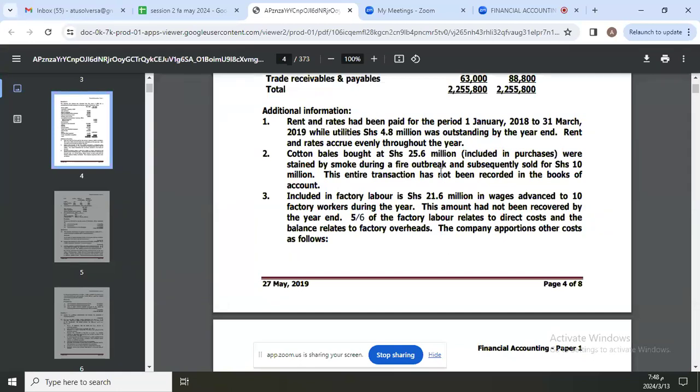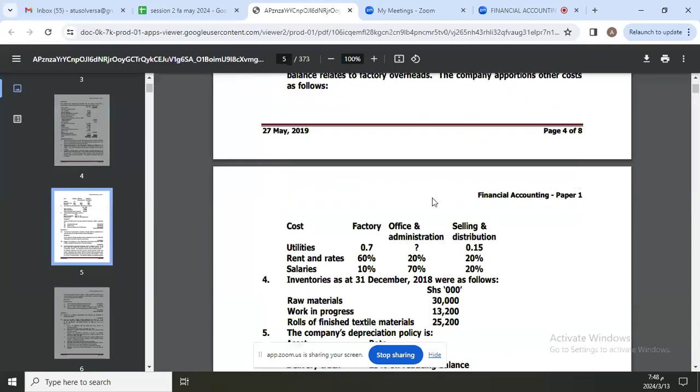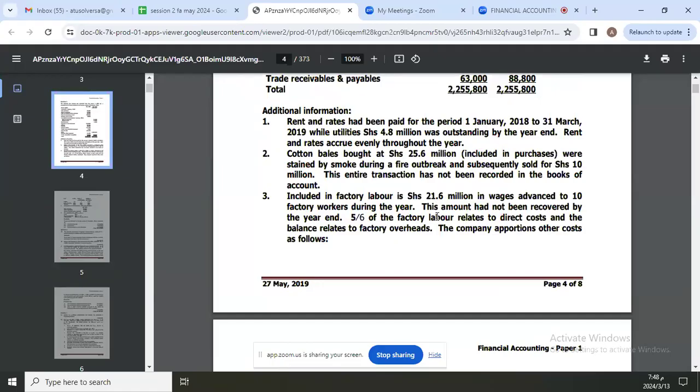They are saying that no, this one was not for the factory rent. It is on note number 1. So that was some mistake. Rent and rates had been paid for the first of January 2018 to 31st of March 2019. Yes. Sorry for that.